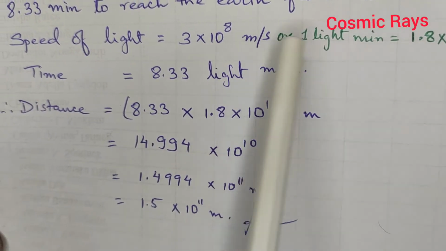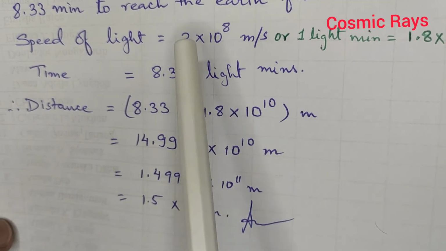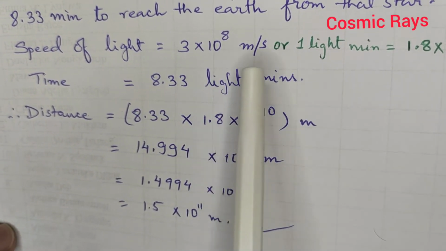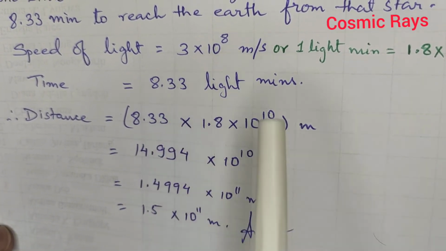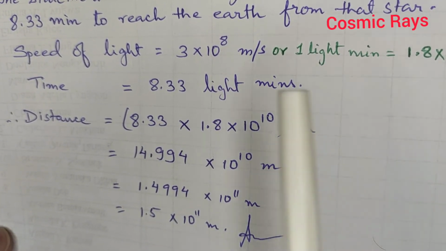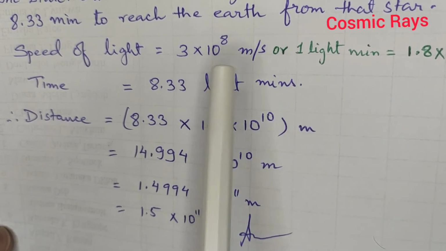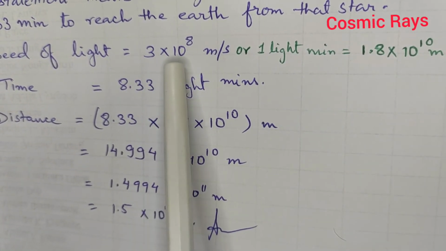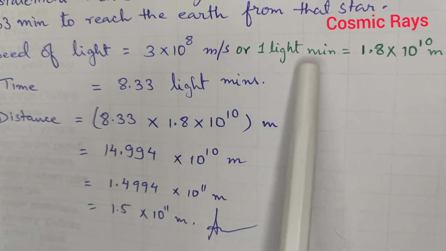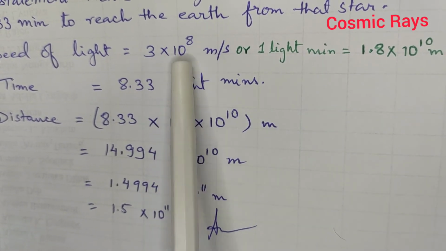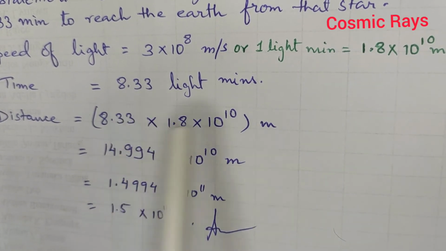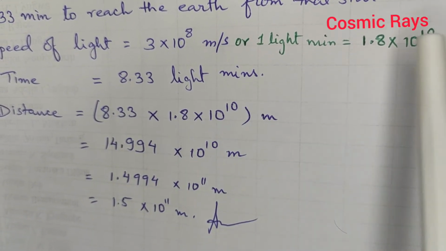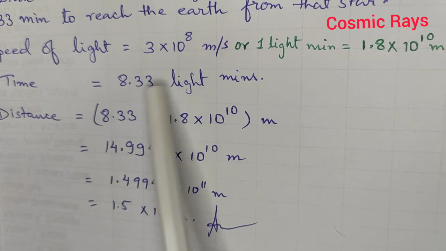So please remember, two ways of doing it. If you use 3 into 10 raised to the power 8 meter per second, then you have to multiply it with 8.33 multiplied by 60. Now if we are not using the speed of light, we are using this 1 light minute, which is this multiplied by 60. So we can simply multiply it with 8.33.